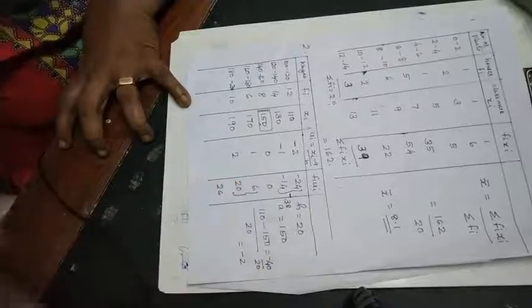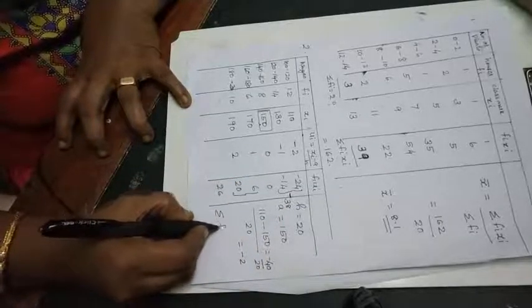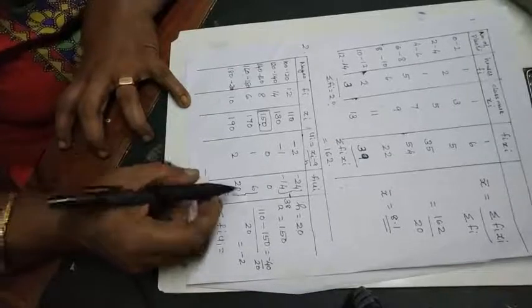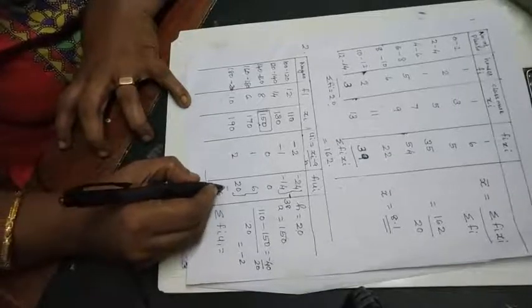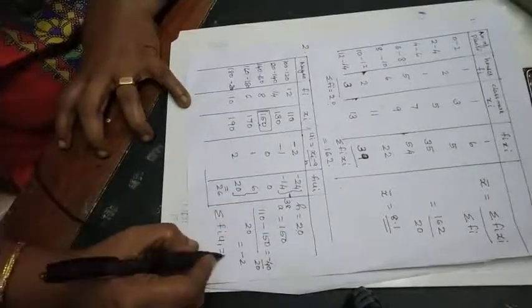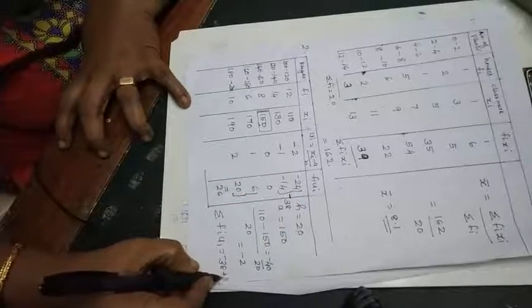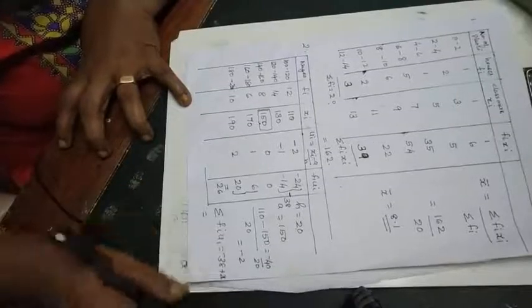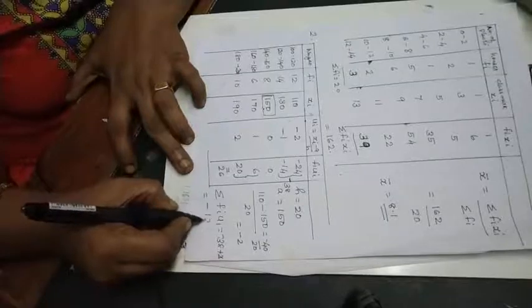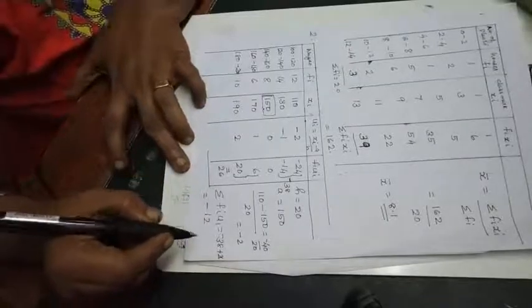So what will be sigma Fi Ui? That is the addition of this and this: negative 38 plus 26, which is equal to negative 12. Okay.